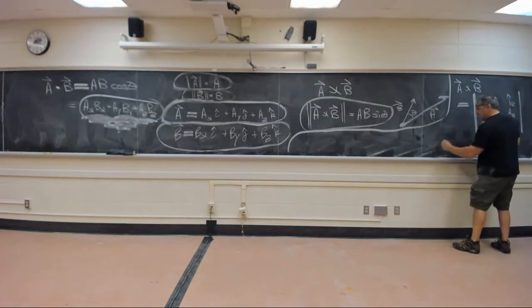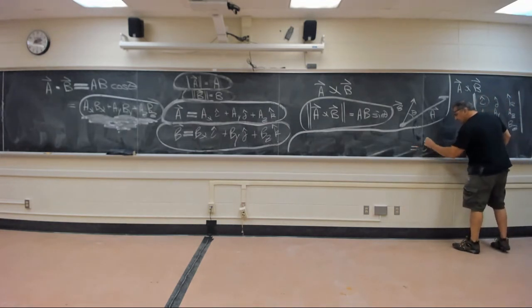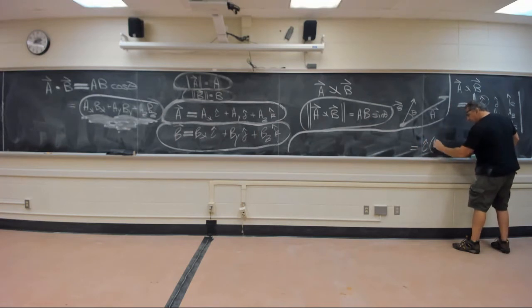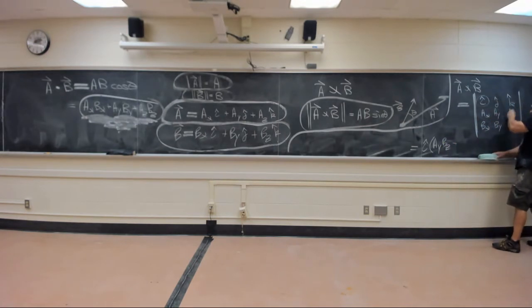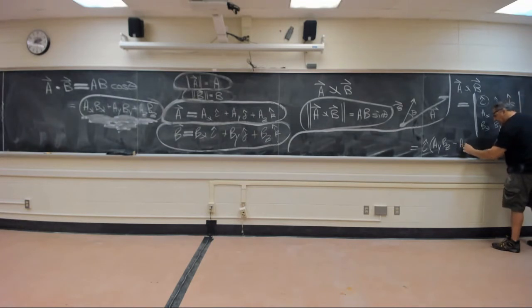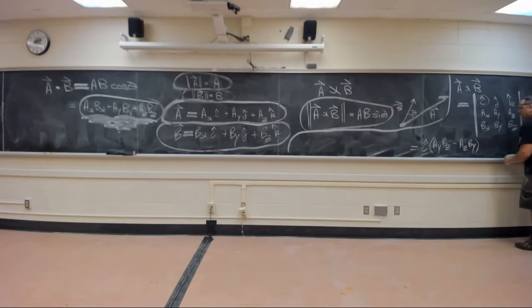So that's this guy, and that's going to be AYBZ minus AZBY. Why am I saying minus? Well, I'm going to say plus. How about I say plus a negative then? Why am I even saying that?